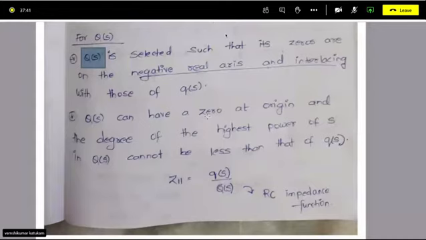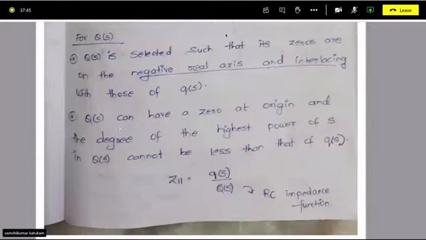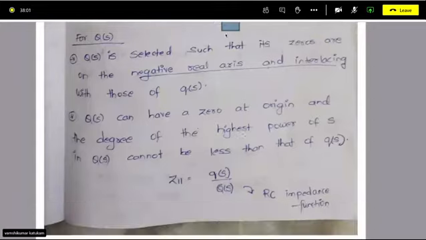One more point: capital Q of S can have a zero at the origin. We can select a zero at the origin for capital Q of S, since we are dividing by capital Q of S. And the degree of the highest power of S is important.